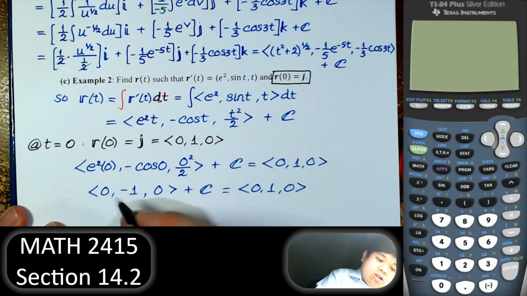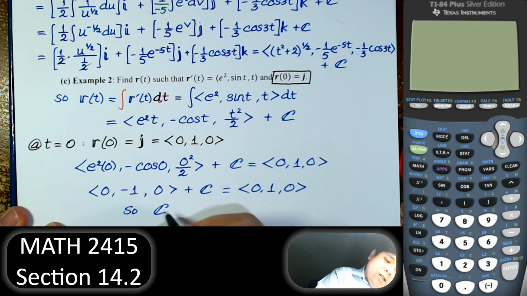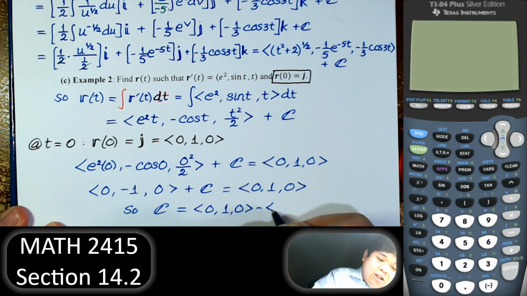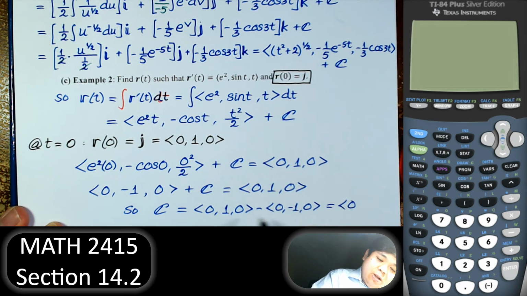Move this to the other side, so c equals 0, 1, 0, subtract 0, negative 1, 0. So that gives us 0, 1 minus negative 1 is 2, 0.